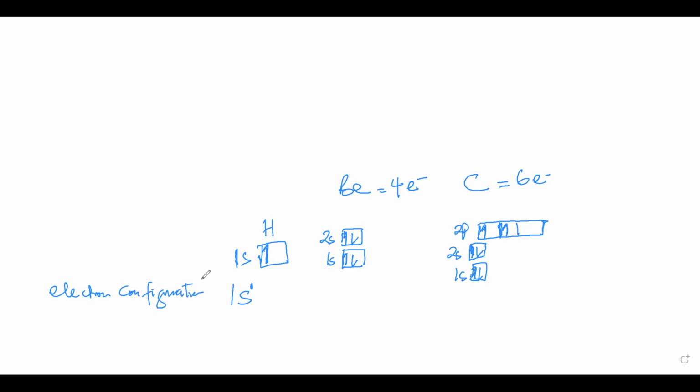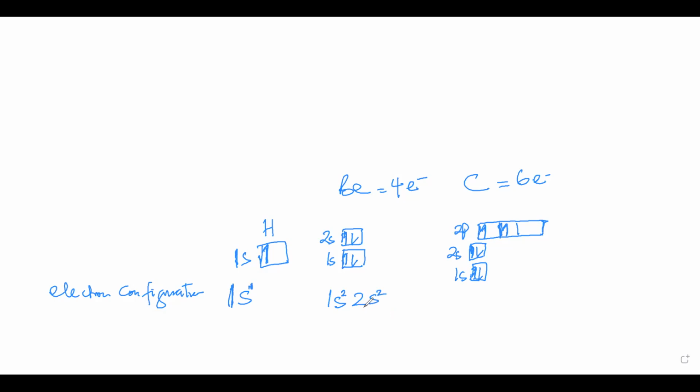Okay, so this is the energy level, this is the orbital, this is the number of electrons. Then for this one, it is 1s. There are 2 electrons there. You put that in a little subscript 2. And then the next one is 2s. There are 2 electrons there. That's the electron configuration.